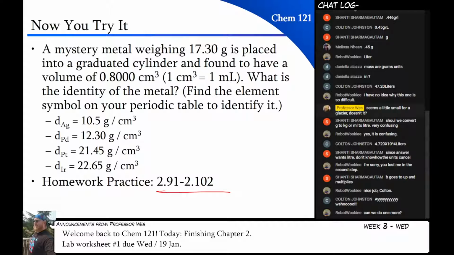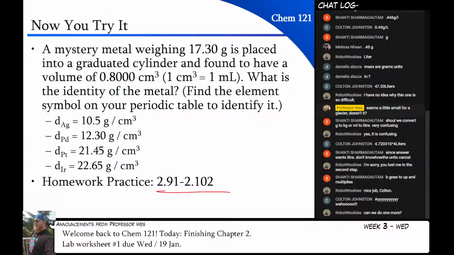All right, one more minute. Type in which metal you think this is in the chat once you have figured it out. All right, let's go over the solution here.